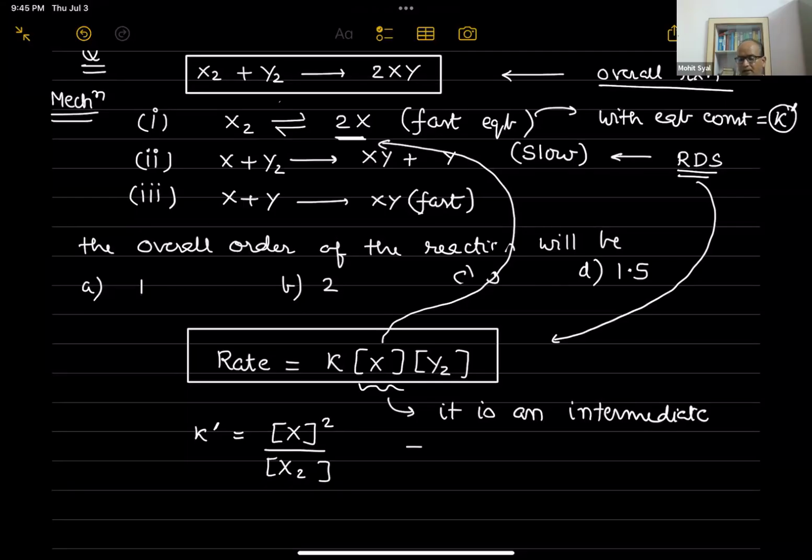So from this, I can figure out the concentration of x. Got it? And I will put it here. Ibrahim, are you getting my point or not?